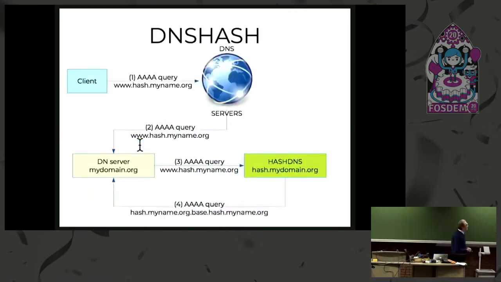Actually, the prefix can be computed by the DNS server itself. So let us see step by step how the resolution process is carried out. A client somewhere in the world wants to talk with w3.hash.myname.org, and it asks the closest DNS for the resolution.